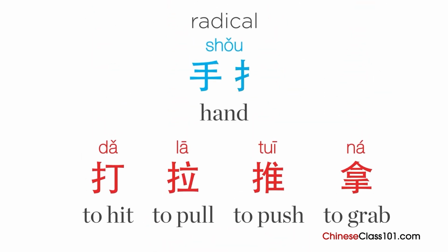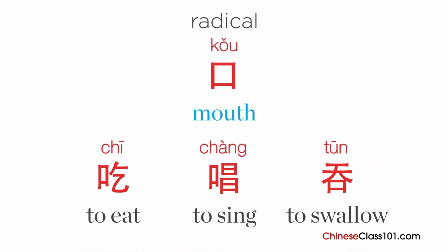手 or its variation means hand. It usually appears when the word describes an action using hands, such as 打, to hit, 拉, to pull, 推, to push, 拿, to grab. 口 means mouth.